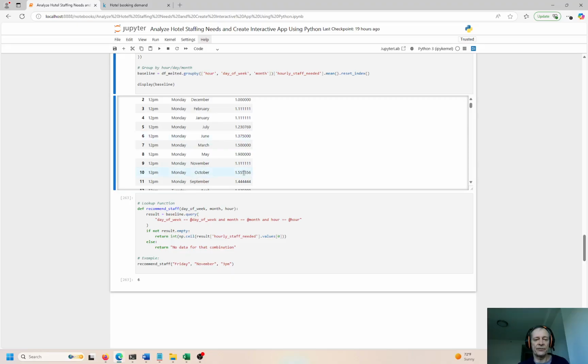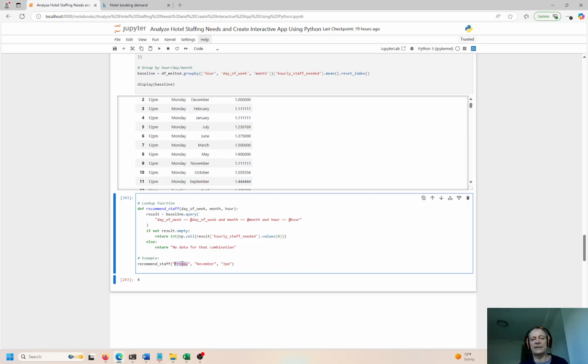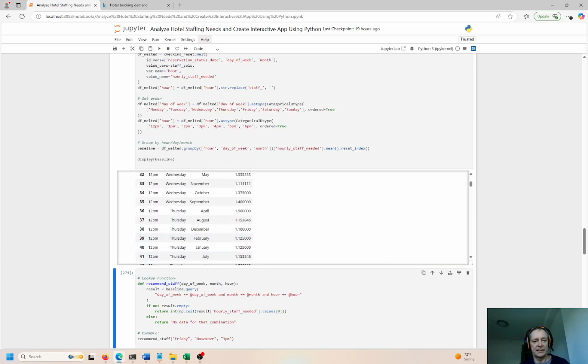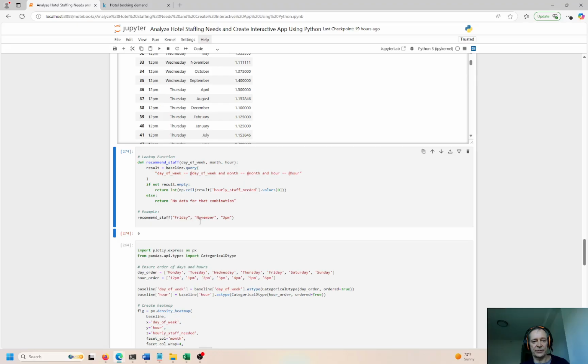And they set up a little function with the inputs here that you can predict based on what the model was already trained and tested on and made predictions on. If you have a Friday, November, 3 p.m., you need a staff of 6, right, to satisfy the customer demand. If you change this to 12 p.m., instead of 6, you need 2 people to check in.